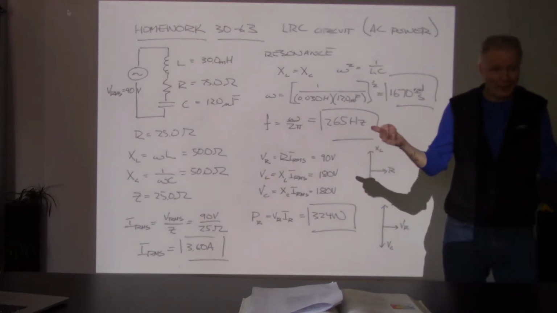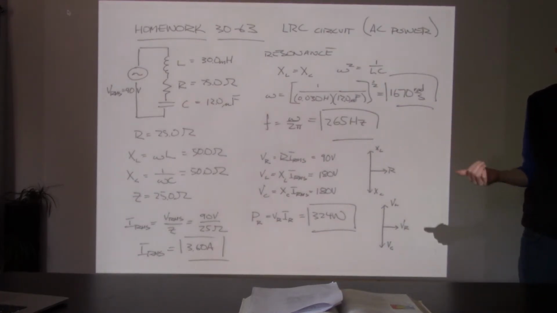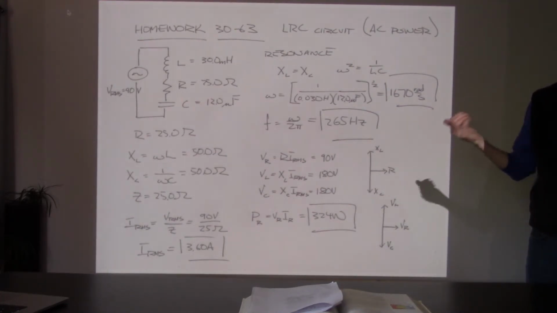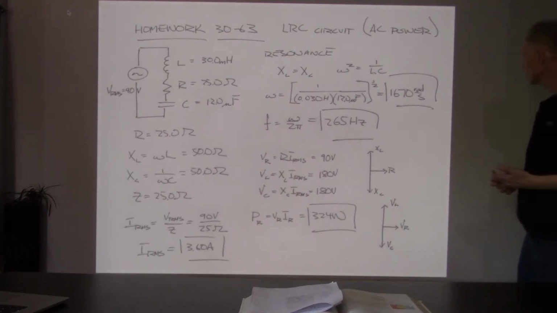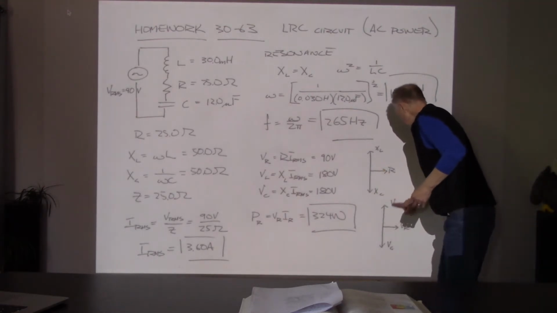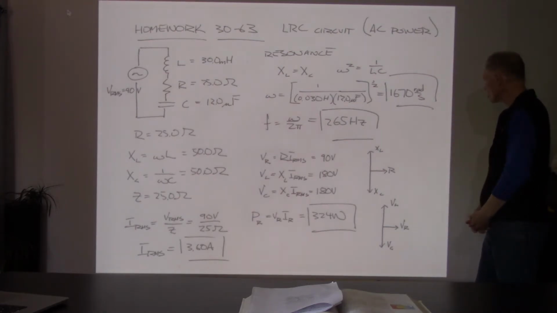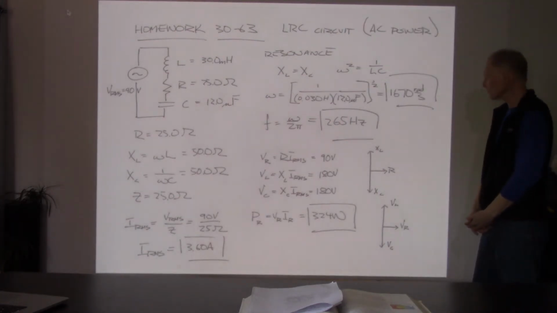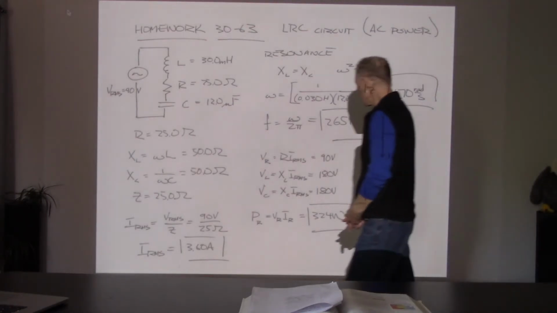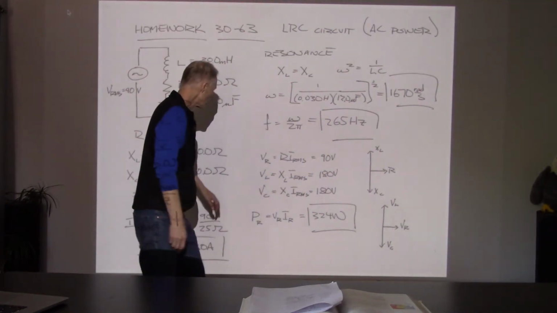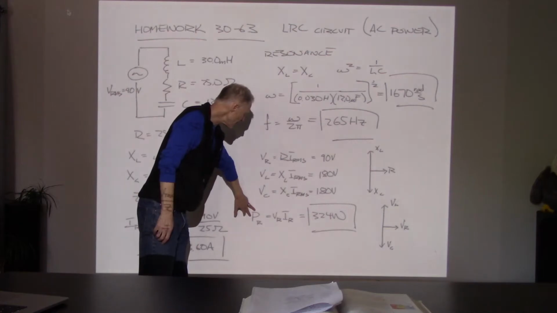Those 180s are exactly 180 degrees out of phase with each other, and from the diagrams or from the sine and cosine functions that we use, we can show those will exactly cancel.